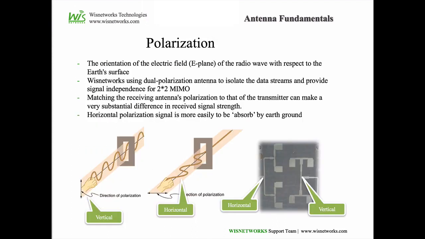The polarization is the last important parameter that needs to be clarified in this course. We know that radio is generated by moving electrons, so different moving directions of the electric field would change the radio waveform. In the 11a/b/g period, all Wi-Fi systems used a single antenna, so only vertical polarization was required, because horizontal polarization waves would be more easily absorbed by the Earth's ground.